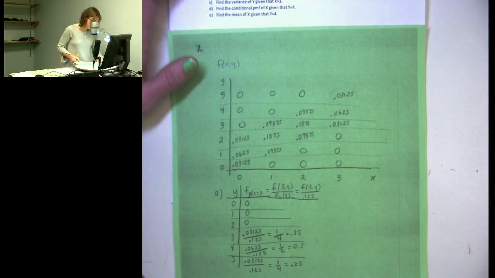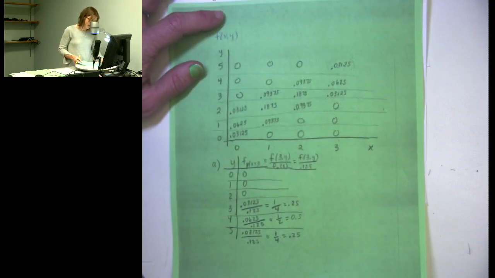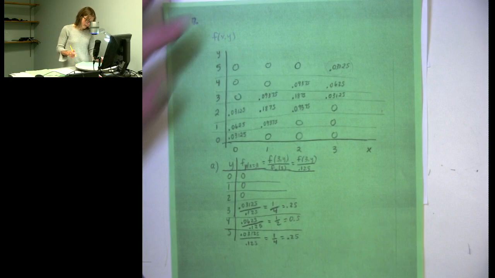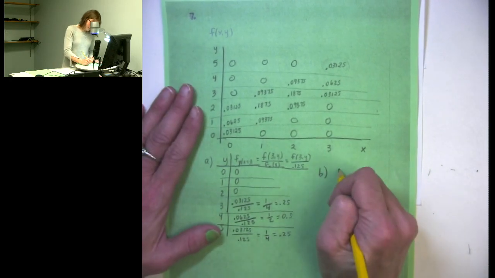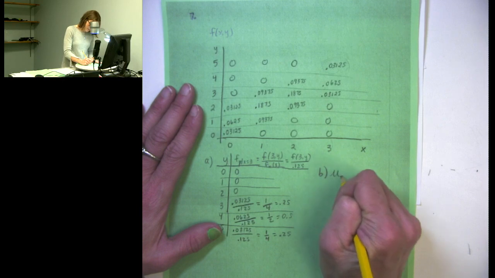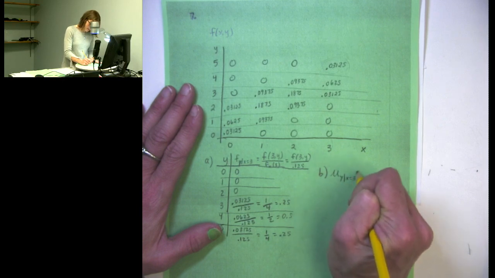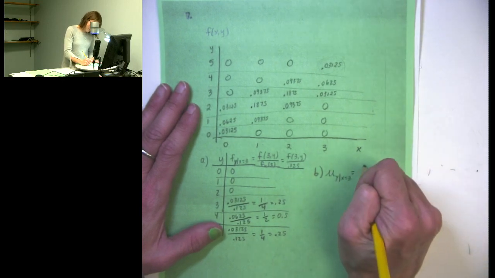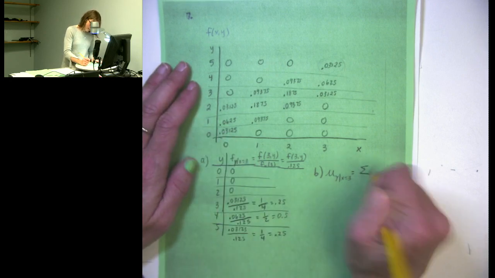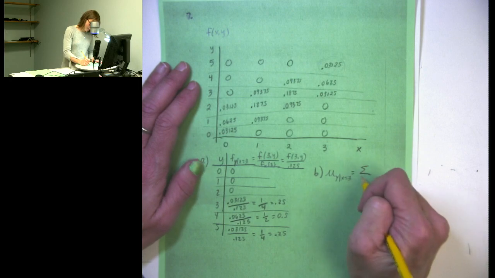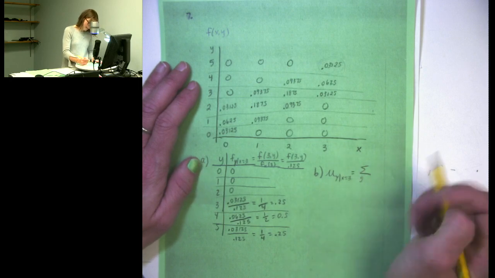Now, the next thing I want to do is find the mean of y given that x is equal to 3. I'm going to use this conditional distribution, and I'm going to add up over all the different possible values of y.